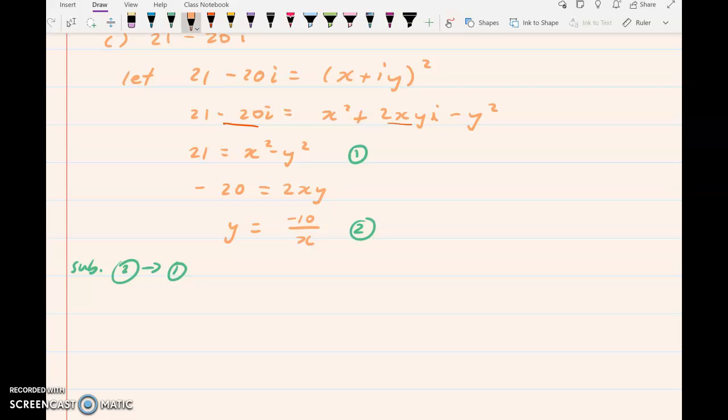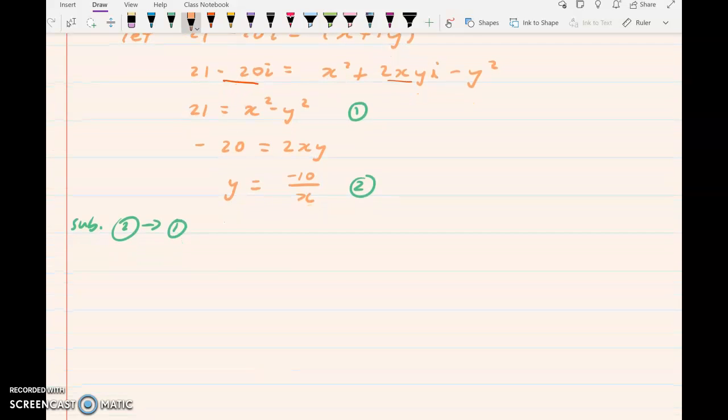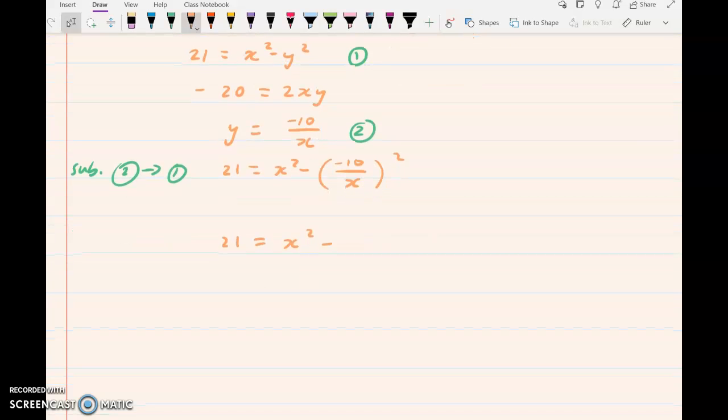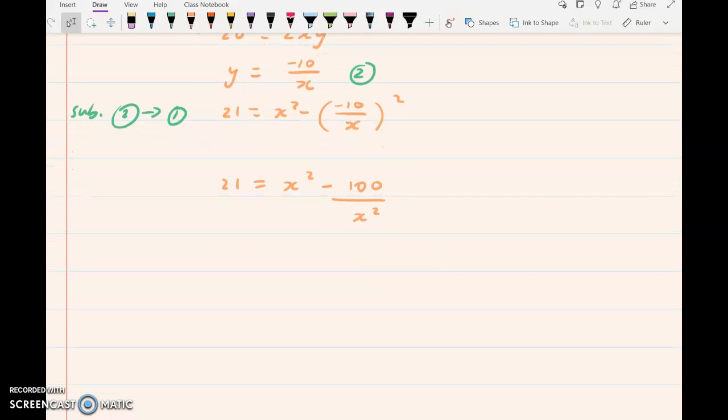So substituting, I'm going to get 21 equals x squared minus (-10 on x) all squared, and then I'll expand that. I'll get 21 equals x squared minus 100 over x squared, and then I'll multiply that x squared out.